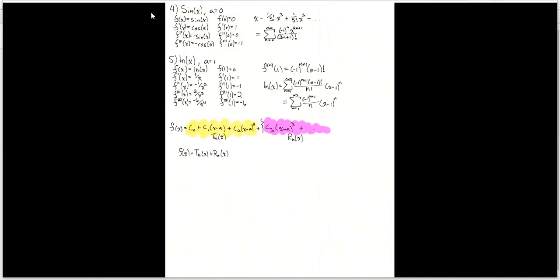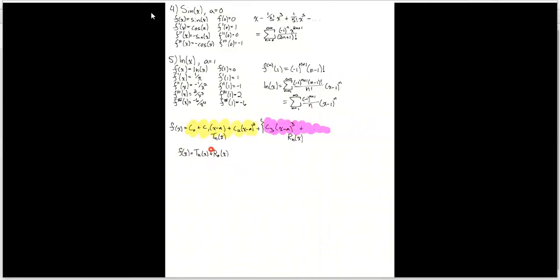And this Tn of x is known as the Taylor series of nth degree, right? So notice that this n corresponds to 2 in this case, right? And the remainder starts at this guy and then goes on, right?